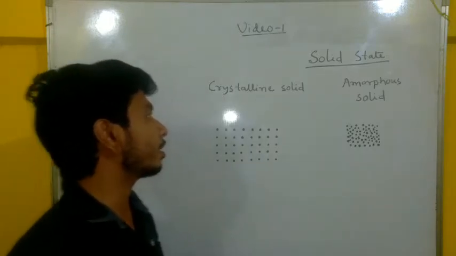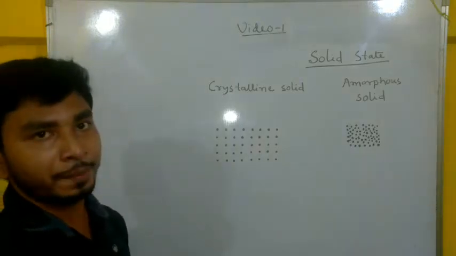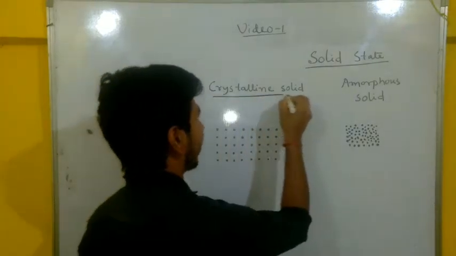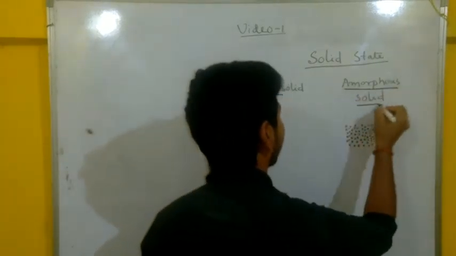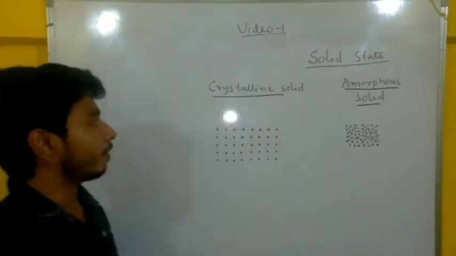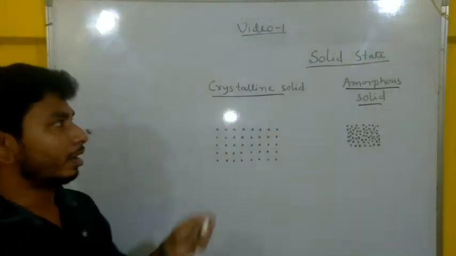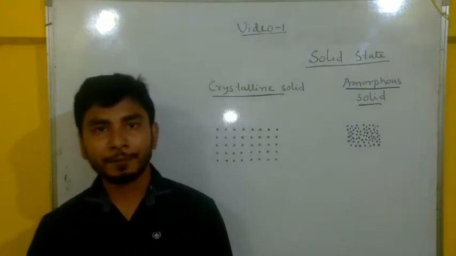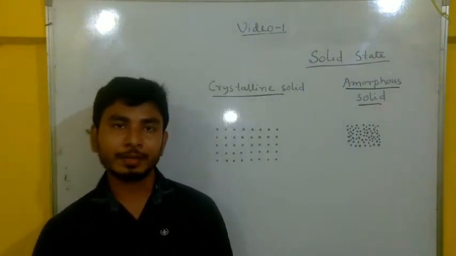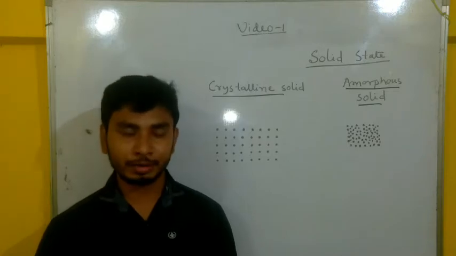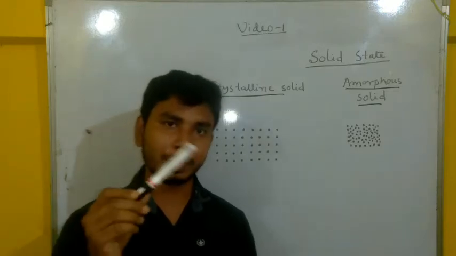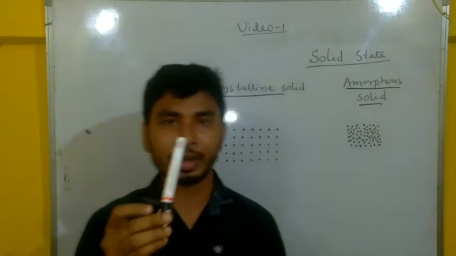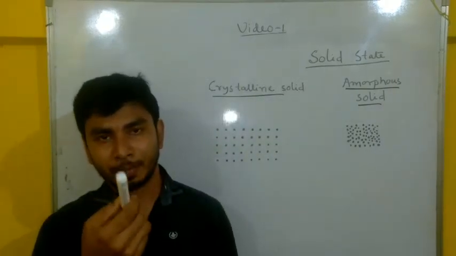Now in the solid state, there are two important terms. One is crystalline solid and the other is amorphous solid. Now what is crystalline solid? A solid substance is made up of particles. Suppose this marker pen is a solid substance, so it is made up of some particles.